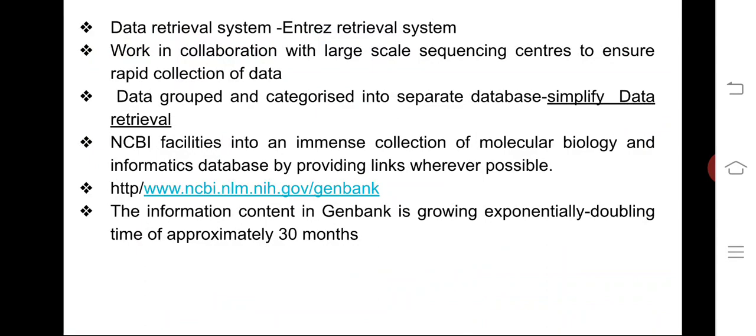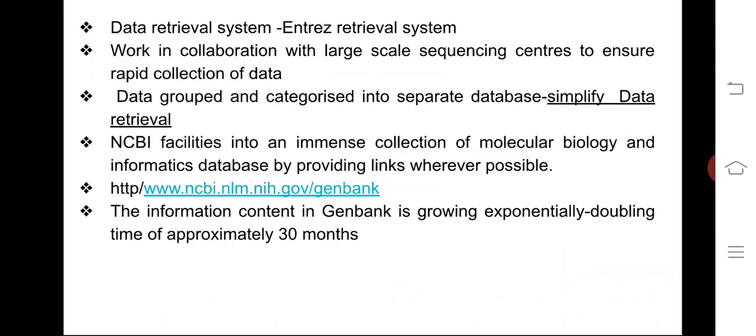It has been estimated that the doubling rate of data in that collection is just 30 months. Can you imagine 30 months? Within 30 months, the data present, millions and millions of sequences and citations, is doubled. Okay, so that is the thing.